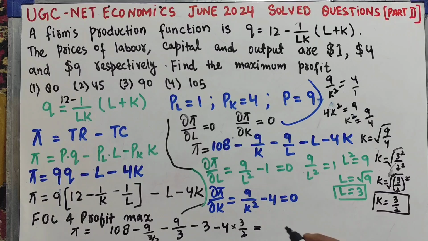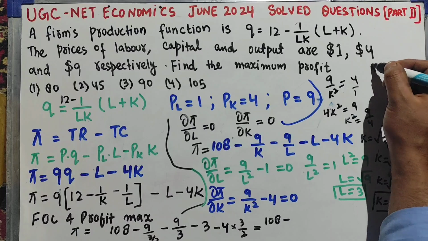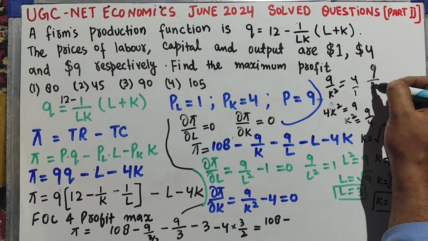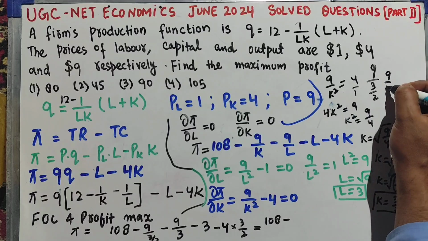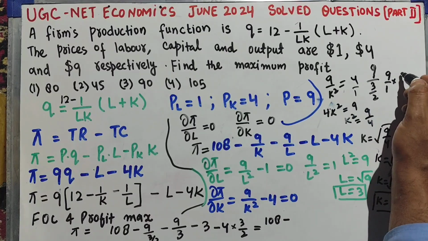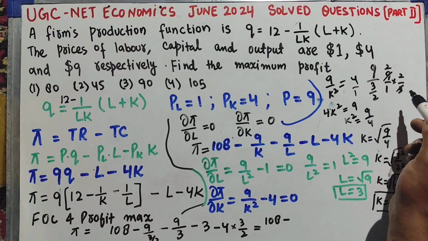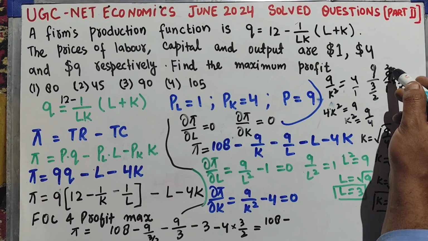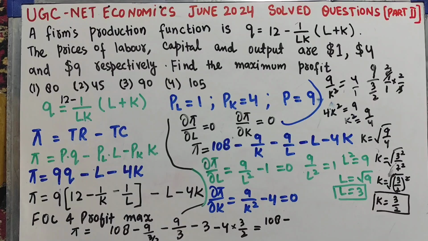Let us solve this. So we have 108 minus 9 upon 3 upon 2, so it will become 9 into, transposing, it gets reciprocated and multiplied. 3 ones are 3, 3 threes are 9, so we get 3 twos are 6, so this becomes 6.